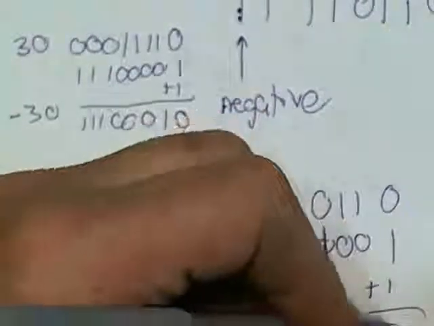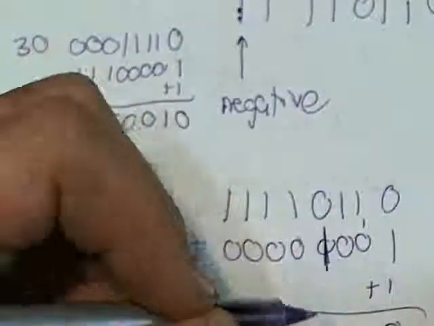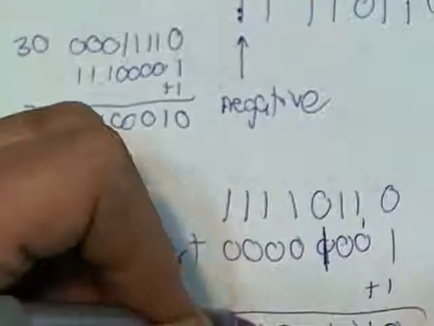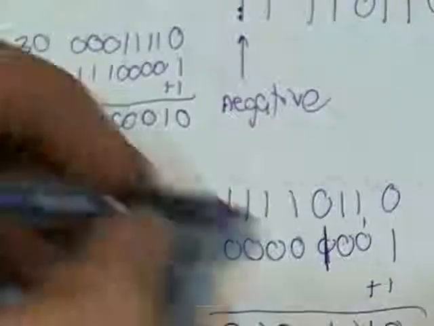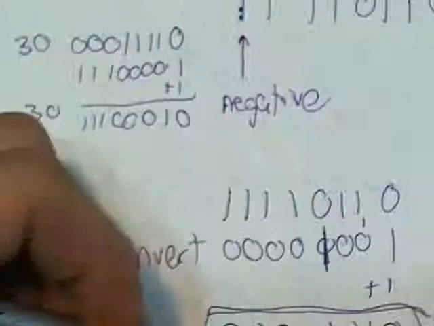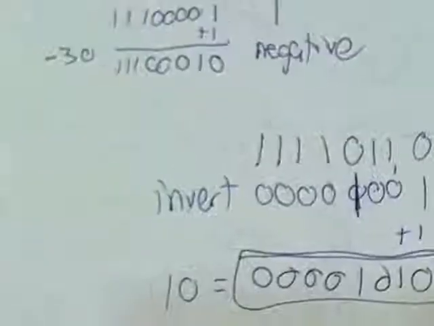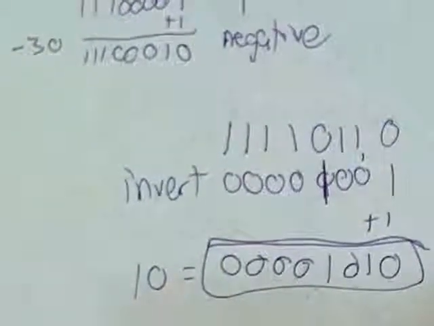1 plus 1 is 0. Carry a 1. That's a 1. 0, 0, 0, 0, 1, 0, 1, 0. This, if you notice, equals 10. My answer, though, is not 10. It's negative 10.